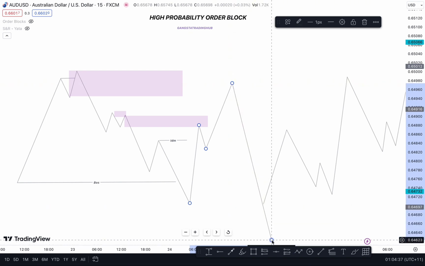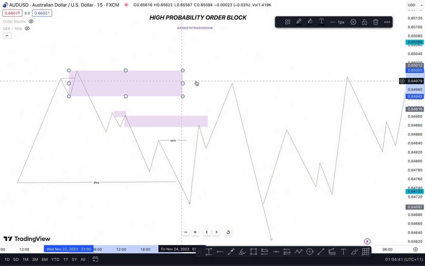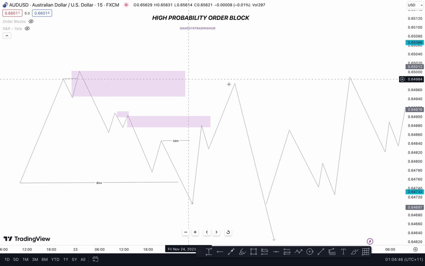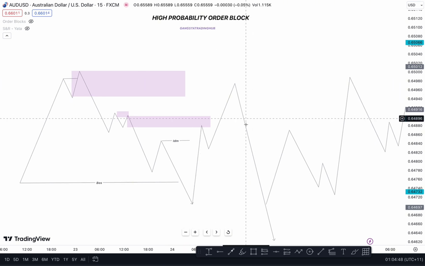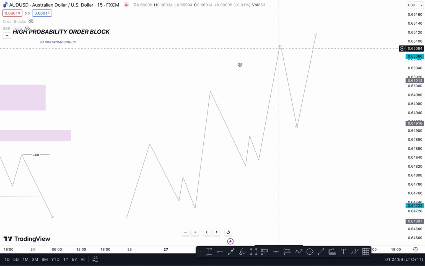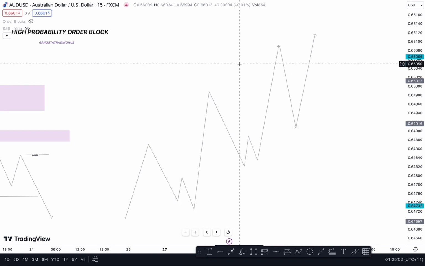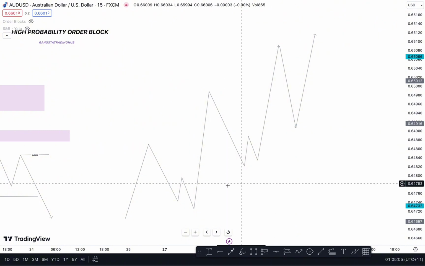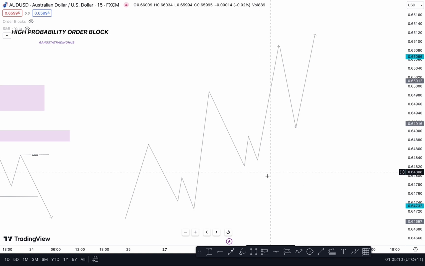Makes sense? Yeah. So I'm going to choose this one as my high probability order block. So moving on to this bullish perspective here. Where is the high probability order block here?